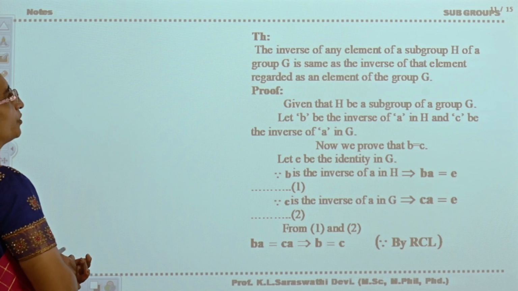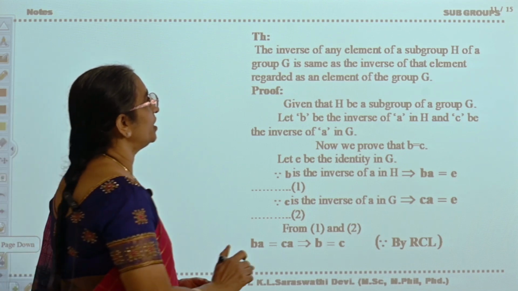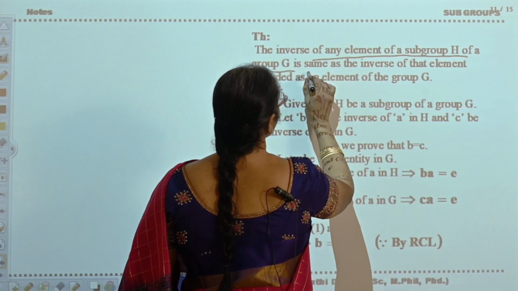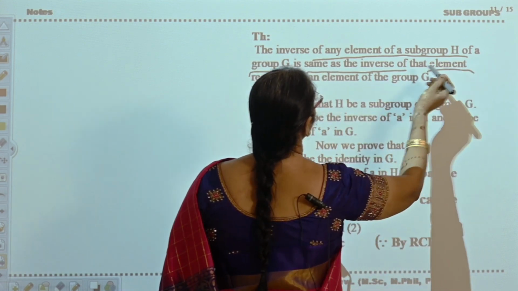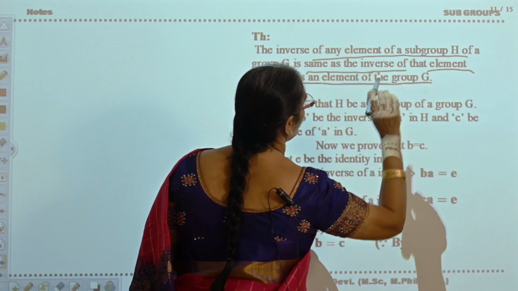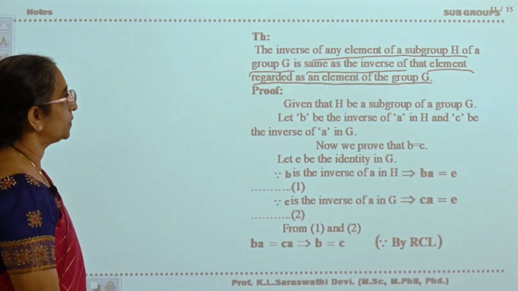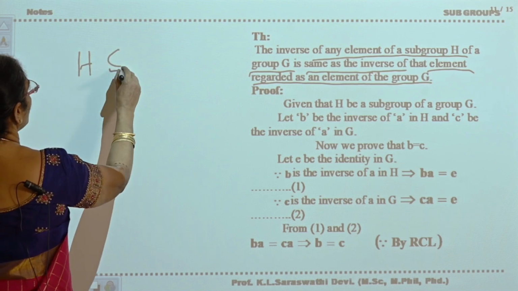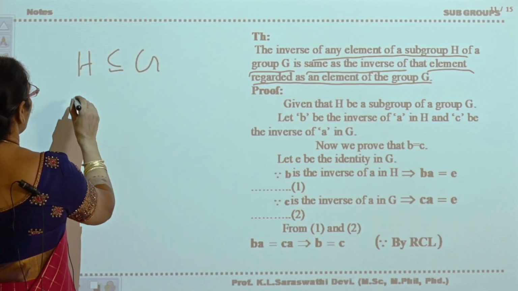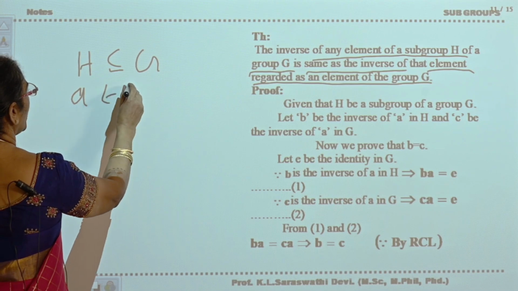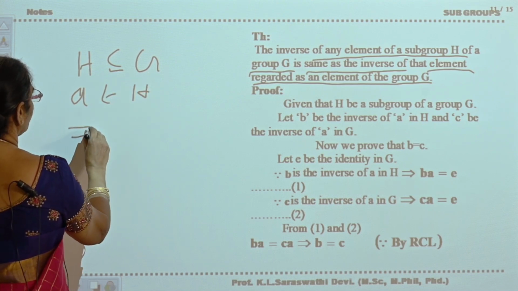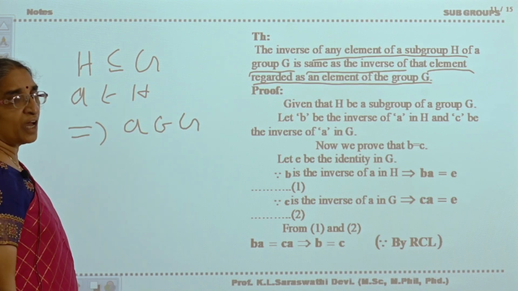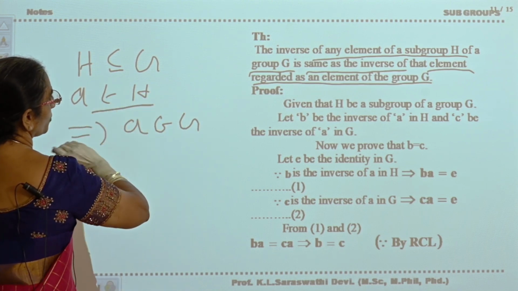Now, see the second property. The inverse of any element of subgroup H of a group G is the same as the inverse of that element regarded as an element of group G. Now see here. H is a subset of G. Suppose A belongs to H, which implies A belongs to G. Now A belongs to H, H is a group.